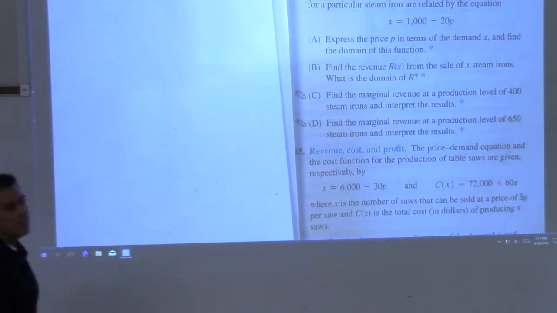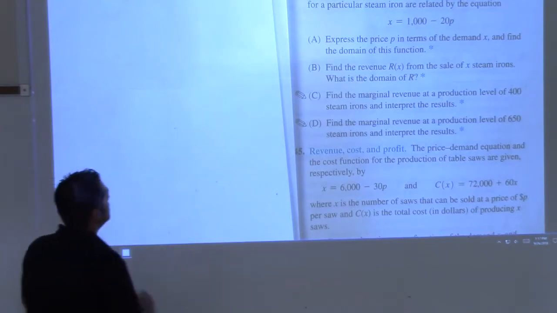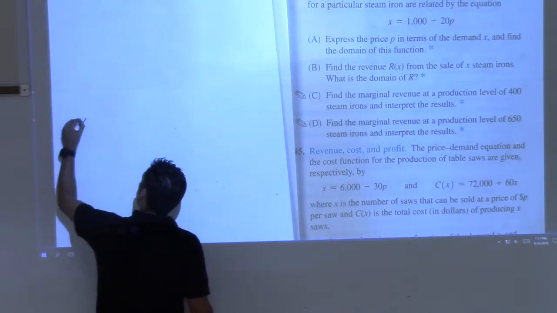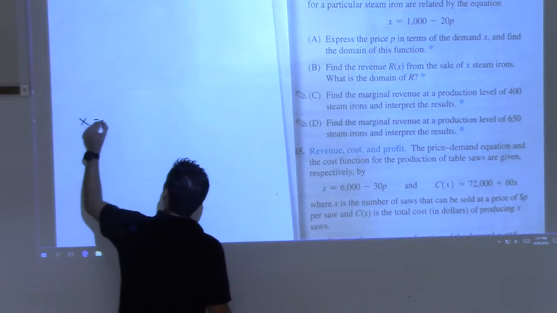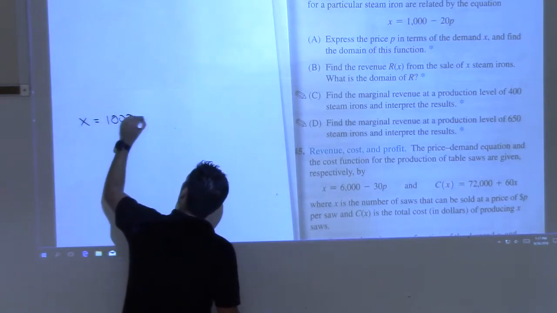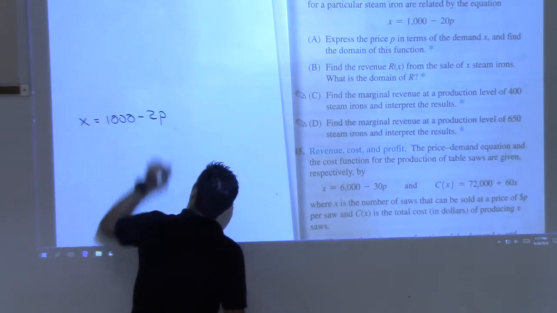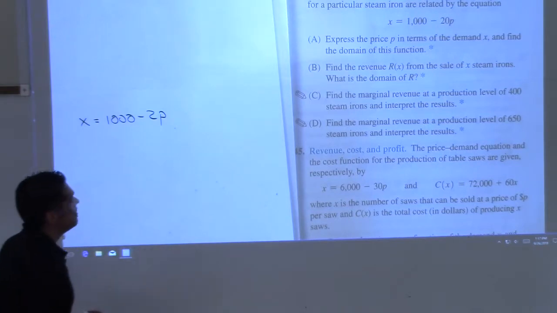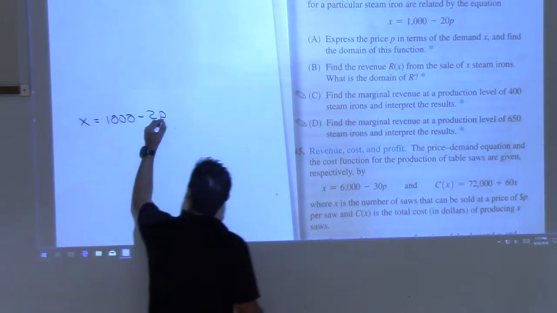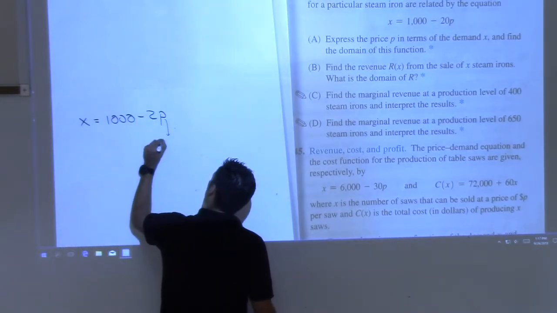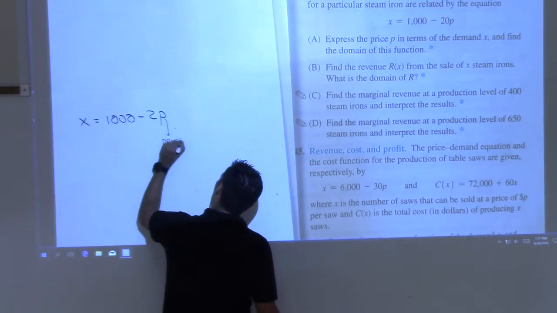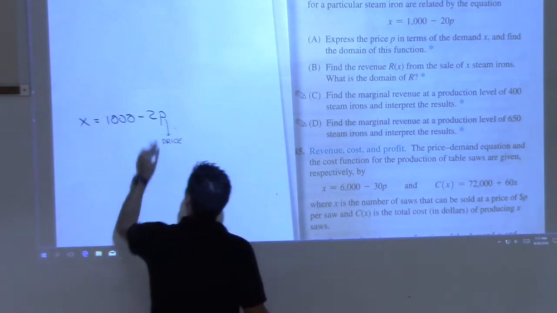The price in dollars and the demand X for a particular steam iron are related by this equation. Let me write this down. X is equal to 1,000 minus 20P. So keep in mind here, P is the price.